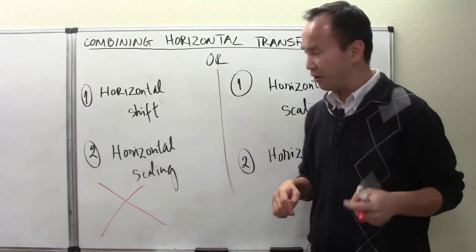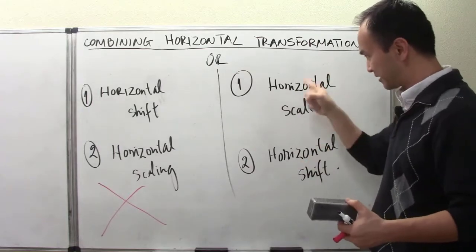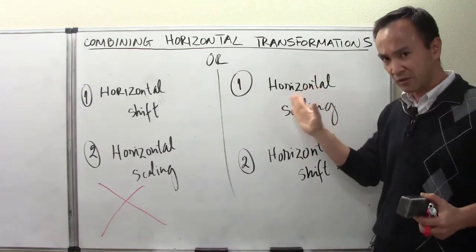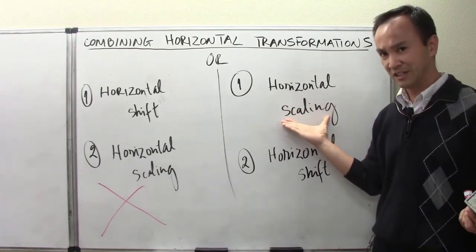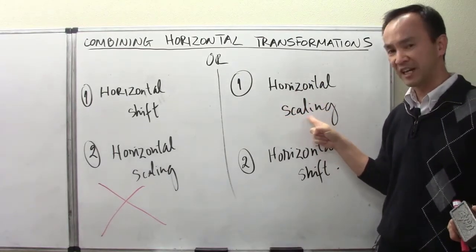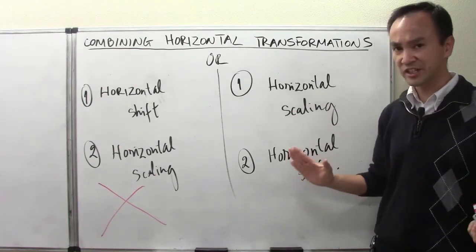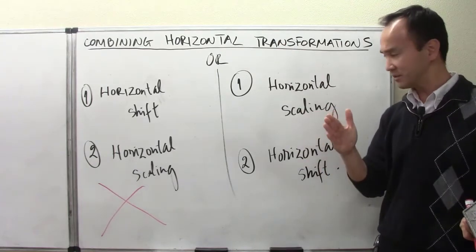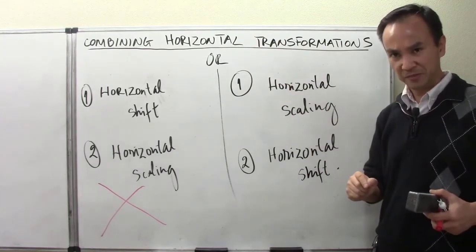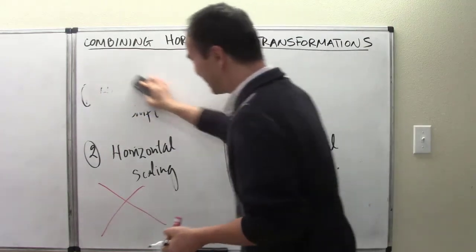So as a tentative plan, we want to stick with that routine where we apply horizontal scaling first and then horizontal shift after, to make it really consistent with how we did the combination for all the vertical transformations. Okay, so that's one thing I need to be clear with everyone.